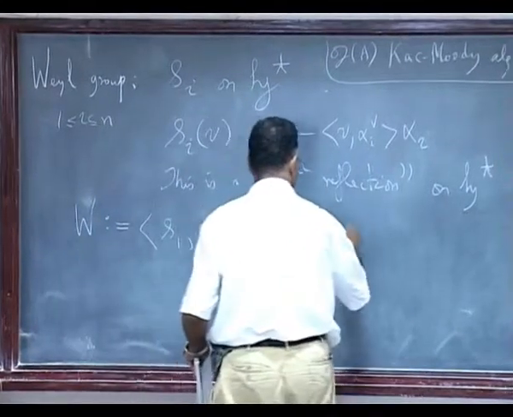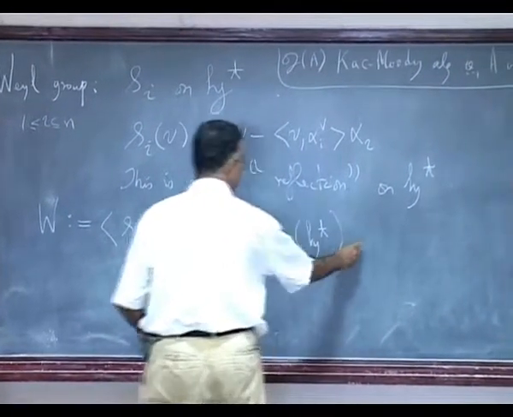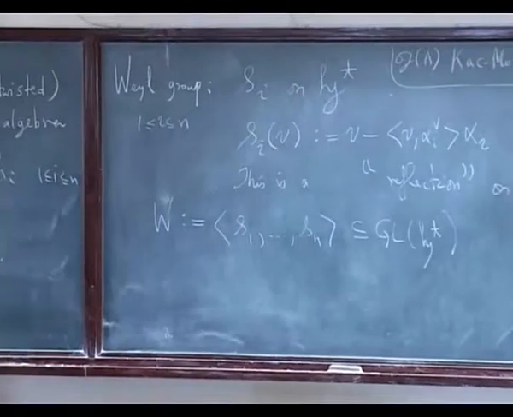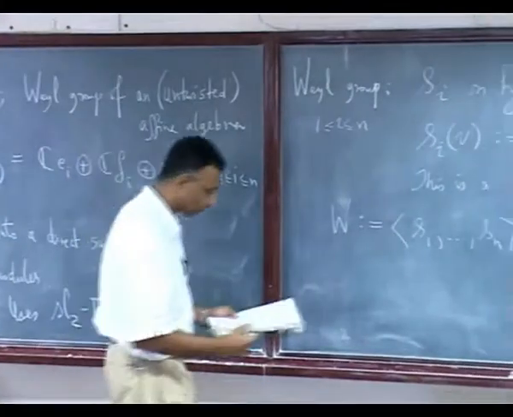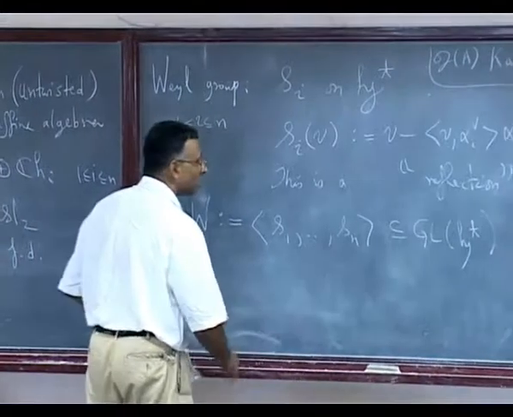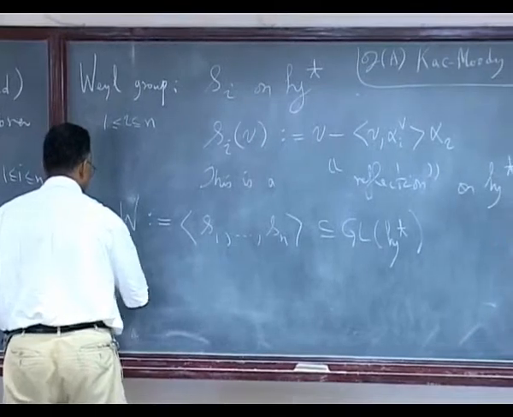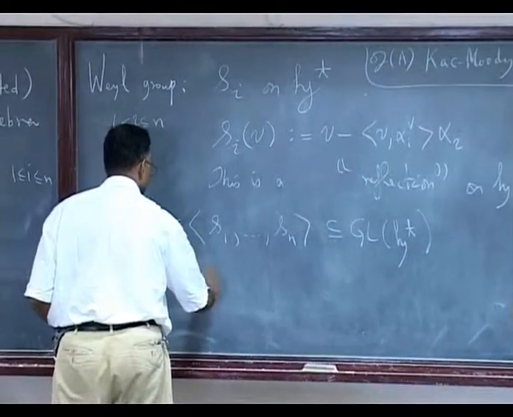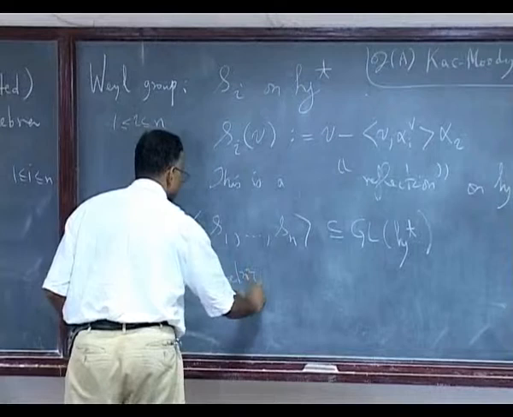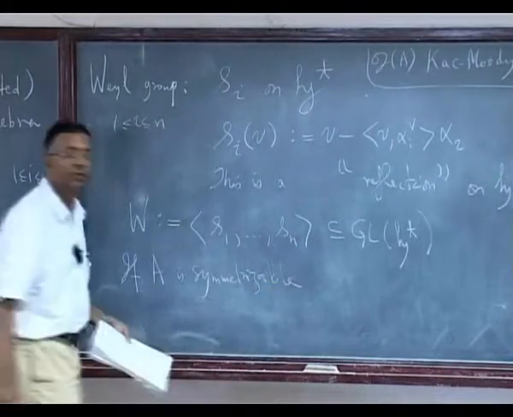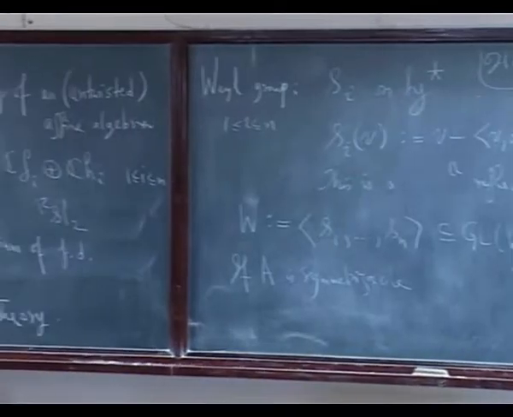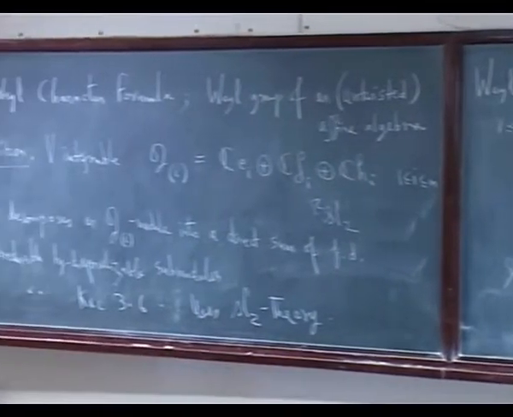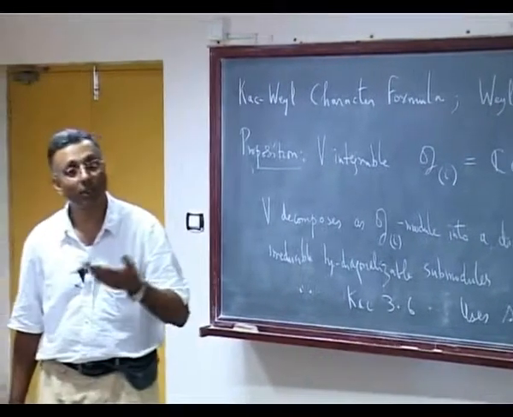And this is defined as a subgroup here. In fact, let's also observe the following. Now, if A is symmetrizable, see what did you know about the Weyl group in the finite case? It sits inside the orthogonal group, which means it preserves the Killing form.